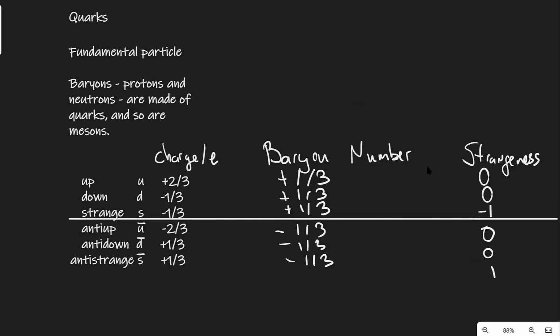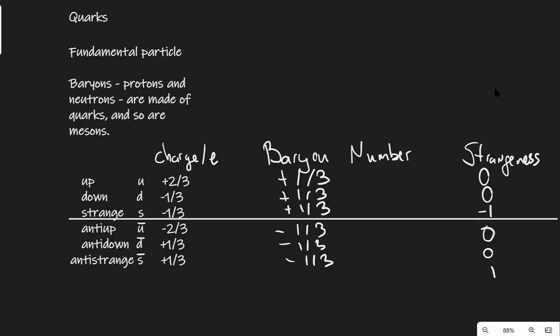It's also important to note that in quarks there are 2 more quantum numbers that are conserved. So we're going to be conserving the baryon number and the strangeness. So the baryon number is just a third, which makes sense because it's 3 quarks to make a baryon. So each individual quark is going to have a fractional baryon number of plus a third for normal matter, and minus a third for antimatter.